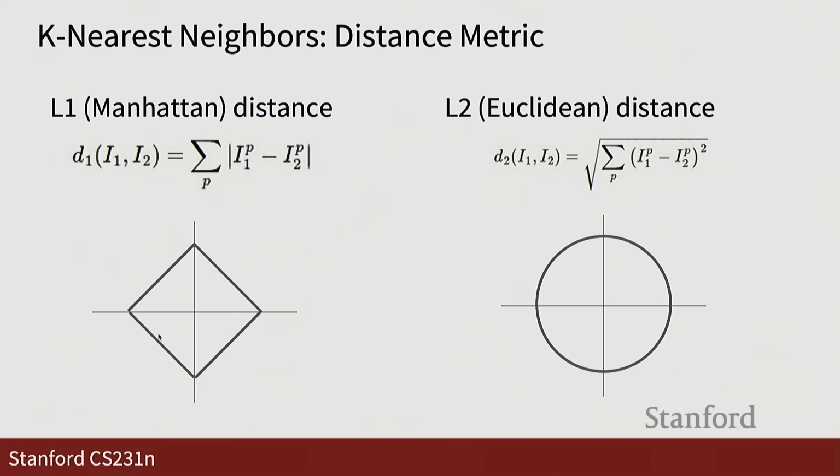Another popular distance function that we use is L2, which, instead of the absolute value, calculates the square of the differences, sums it up, but because of the square, we also do a square root.